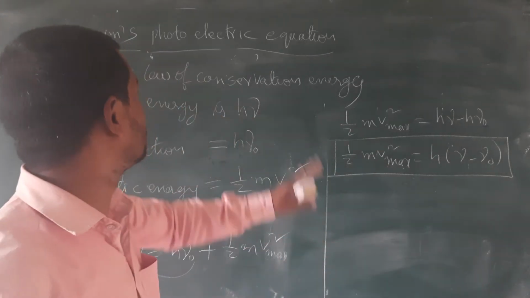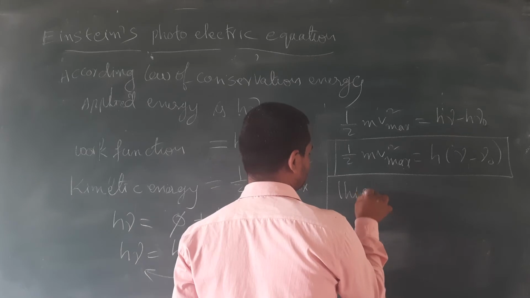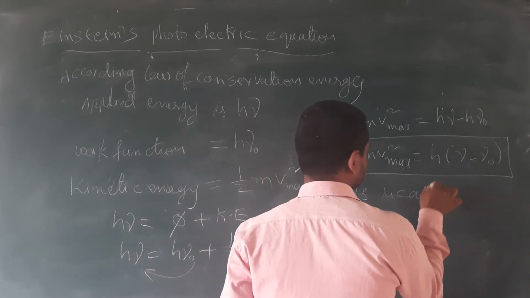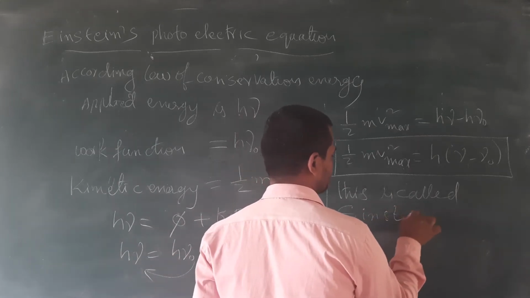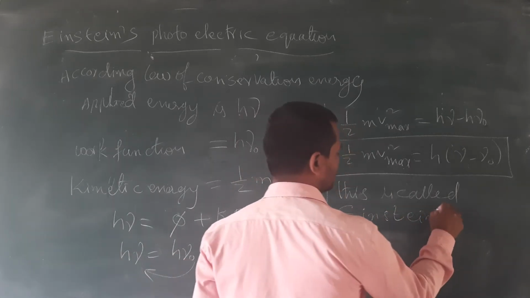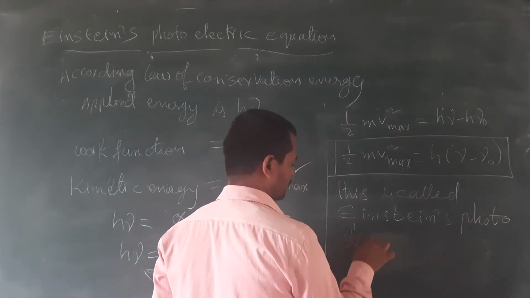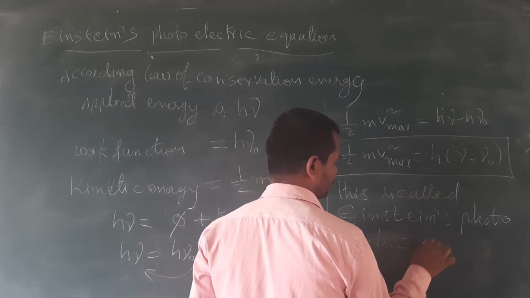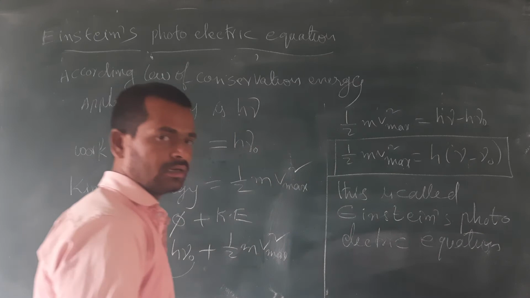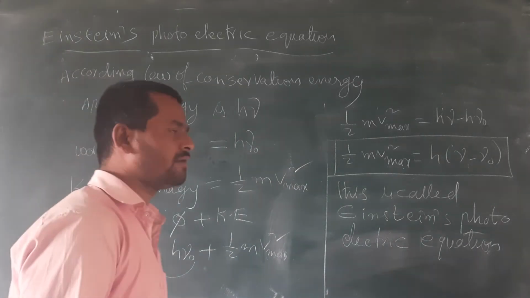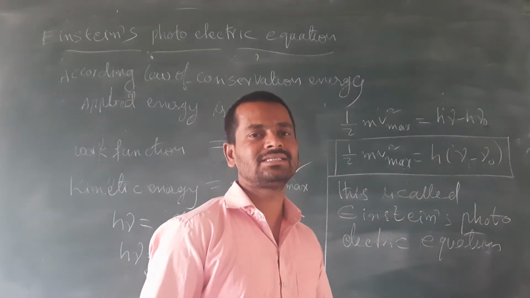This is called Einstein's photoelectric equation. E-I-N-S-T-E-I-N, Einstein's photoelectric equation. Half m v max square is equal to h into (nu minus nu naught).